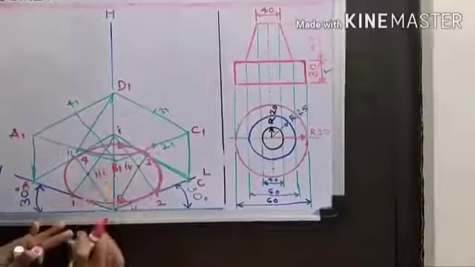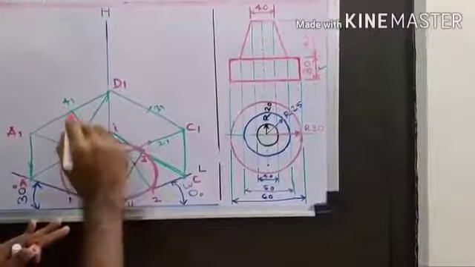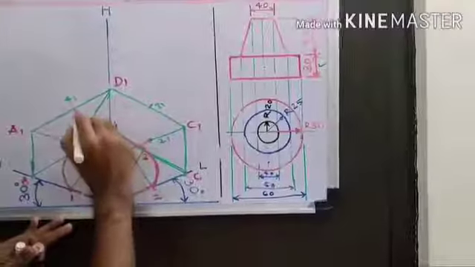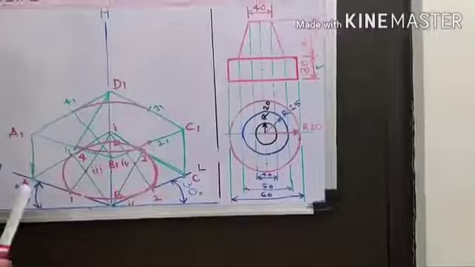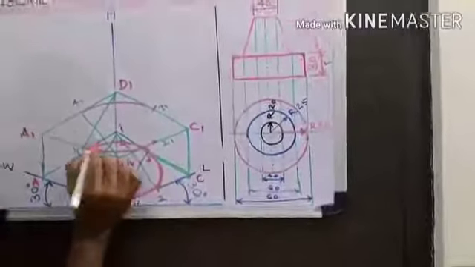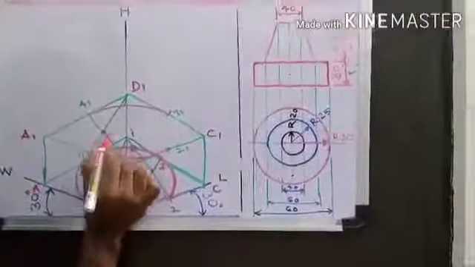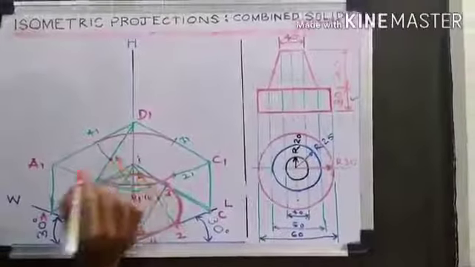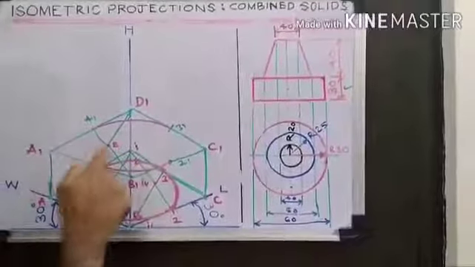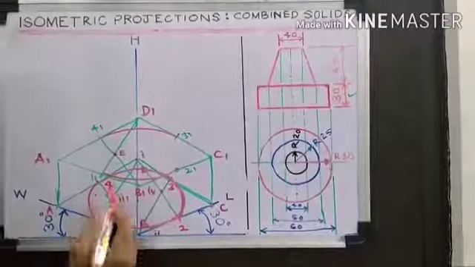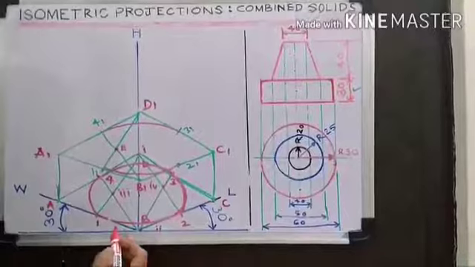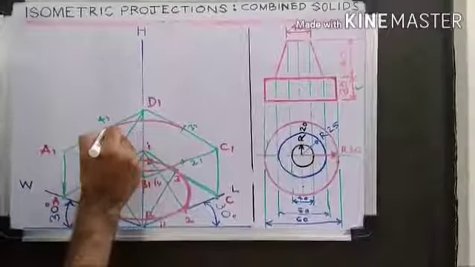Now by using a compass, draw an arc between the points 4 suffix 1, 3 suffix 1. Then here another point I am assuming, this is going to be E. E is a center, E to 4 suffix 1 is a radius. By using a compass, draw an arc between the points.